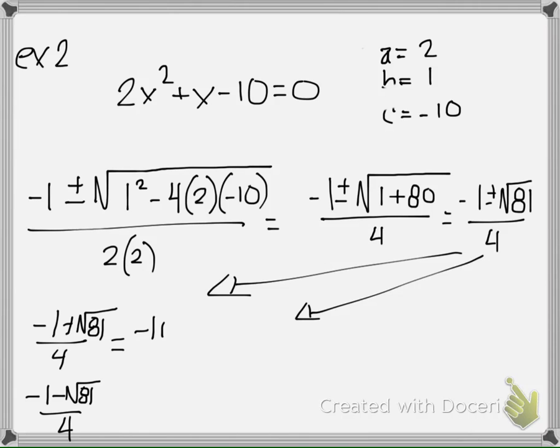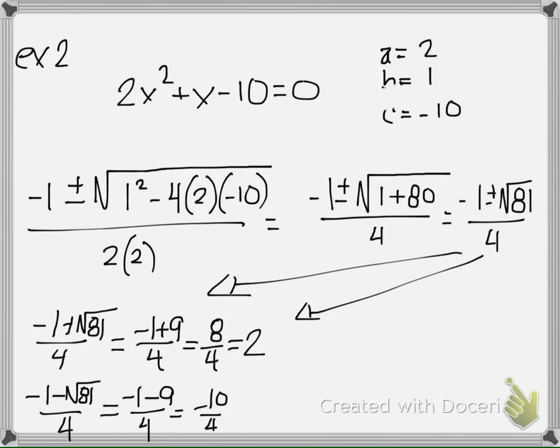Well, that's negative 1 plus 9, which is 8 over 4, and that gives me 2. This other one says negative 1 minus 9 over 4. That's negative 10 over 4.